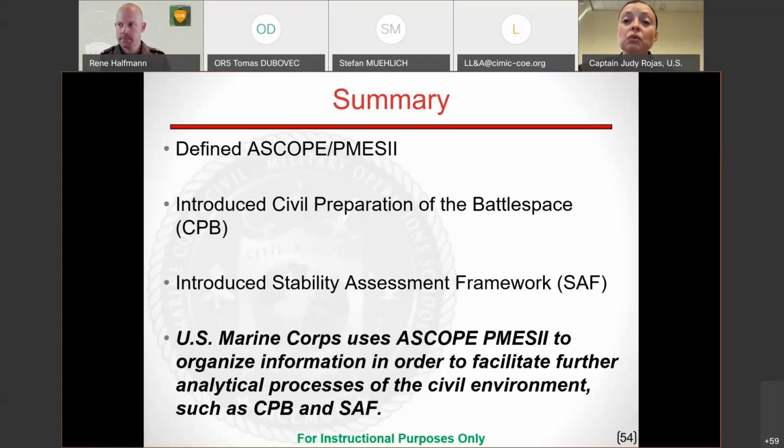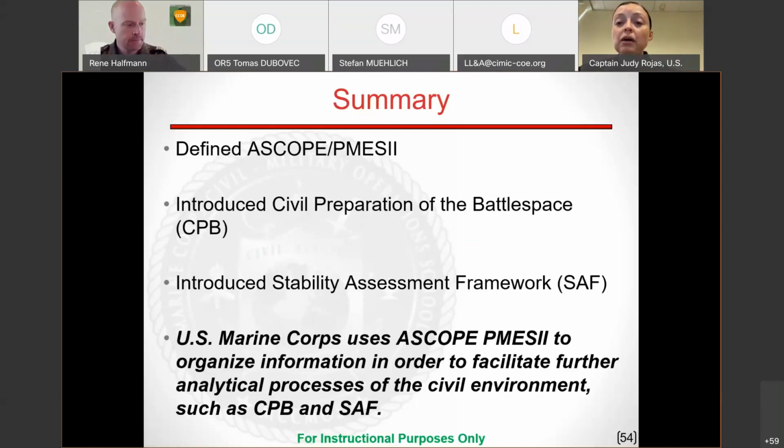And then once we have as much information, and it's all determined by how much time we have, we can use that to start our civil preparation of the Battlespace process, and we use ASCOPE PMESII in that step 1. We can also use the ASCOPE PMESII information we gathered along with the outputs of civil preparation of the Battlespace to influence our stability assessment framework when we're looking at those factors of stability and instability in an area.